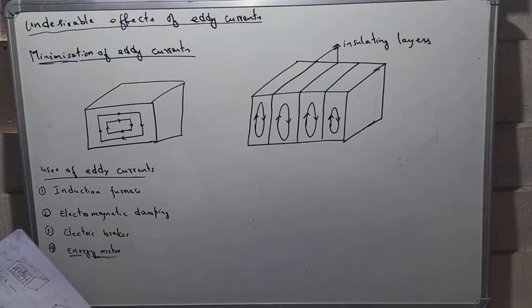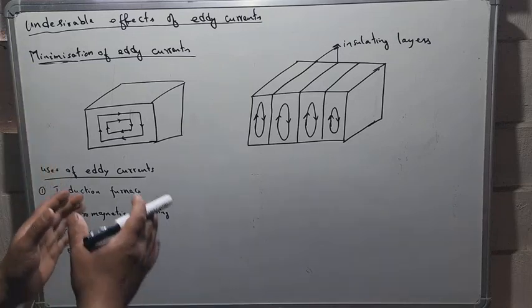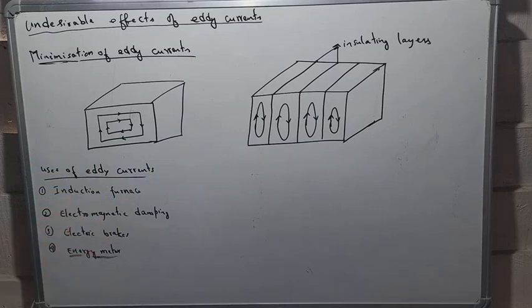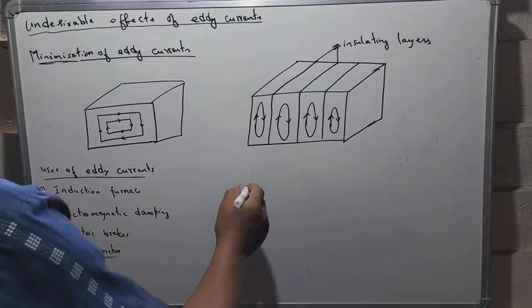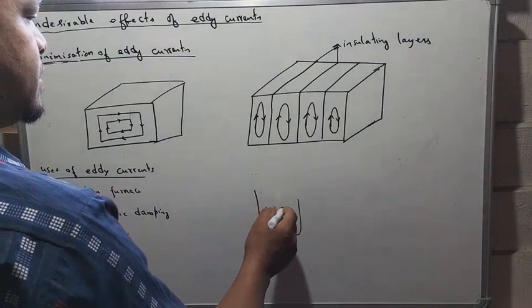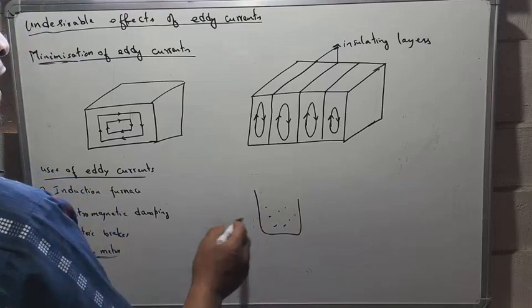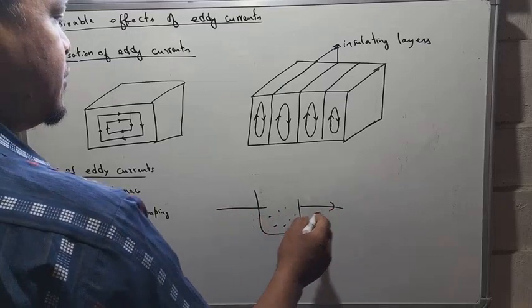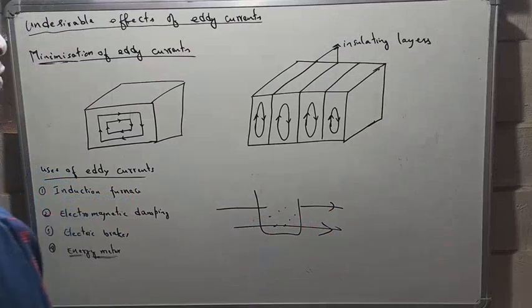You know, the heating effect of eddy current is very useful to heat or to melt metals. The substance to be heated is placed in a very strong electromagnet. Suppose these are the metals, and I place them in a very strong electromagnet, which means in a changing magnetic field.